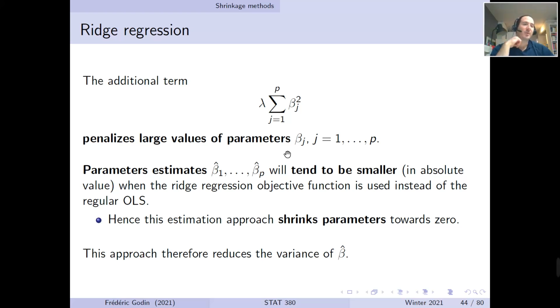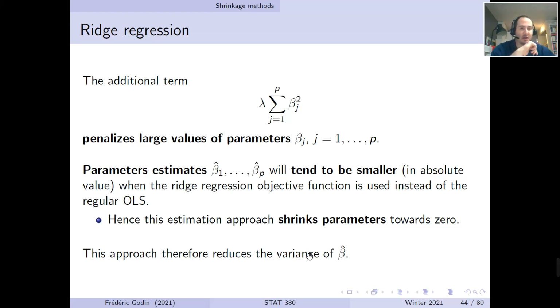So this is why we can call it shrinkage: using this approach has an effect on parameters, which is to shrink them. By shrinking them, this has the effect of reducing the variance of parameter estimates.